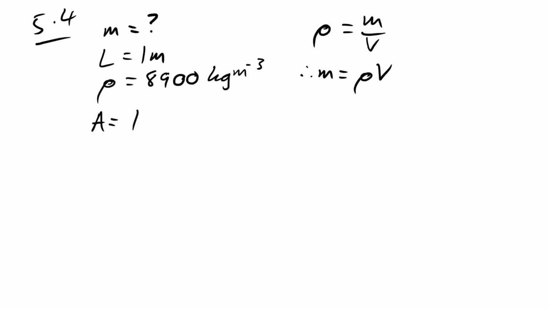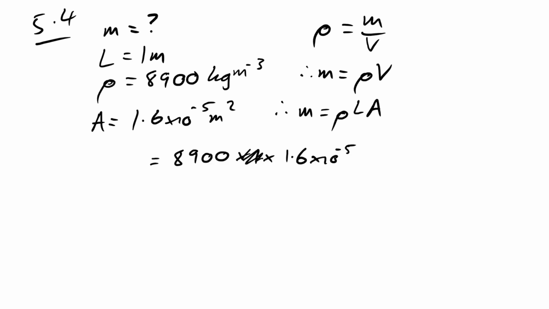The area we were told was 1.6 times 10 to the -5 meters squared. So therefore, we can say that mass is equal to density times length times area. So we don't need that 1 in there actually. And that gives us 0. If we go into 2 sig figs, 0.14 kilograms.